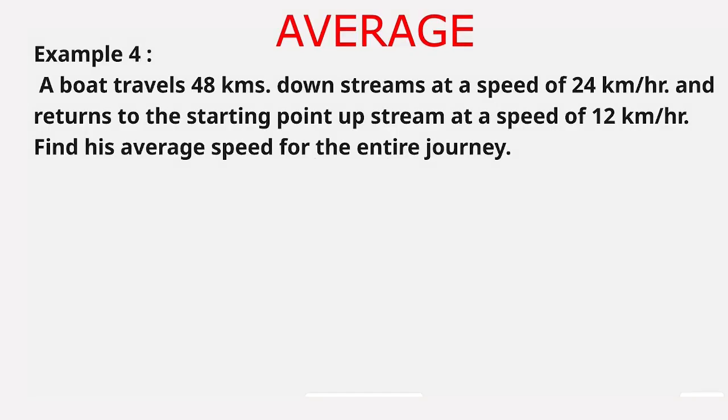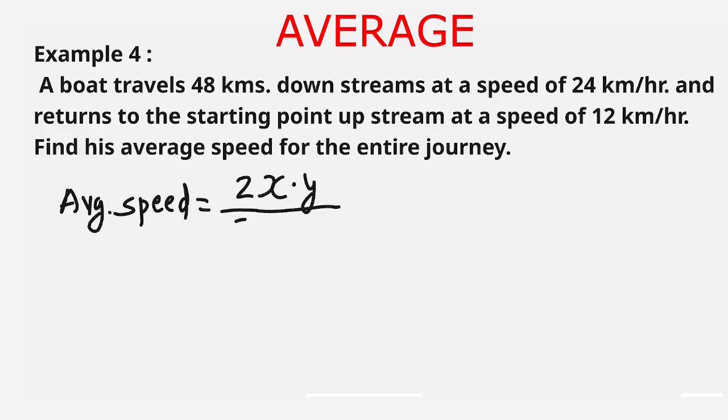We use the formula of average speed is equal to 2 times x multiplied by y divided by x plus y. Here x and y are the speeds for downstream and upstream respectively, where x and y are both the speeds for the same distance of 48 kilometers.